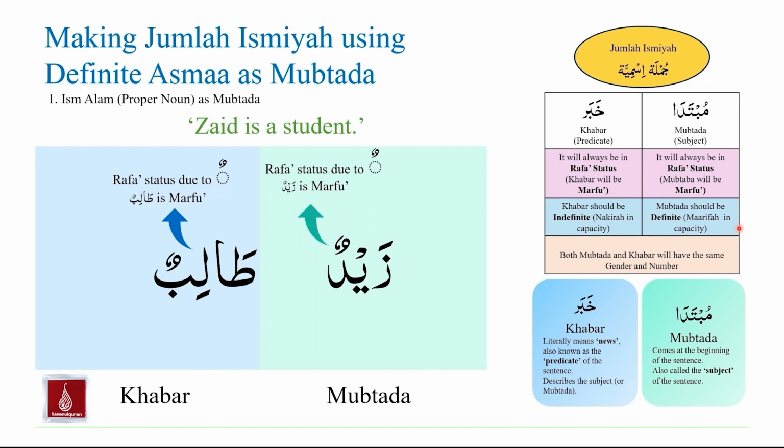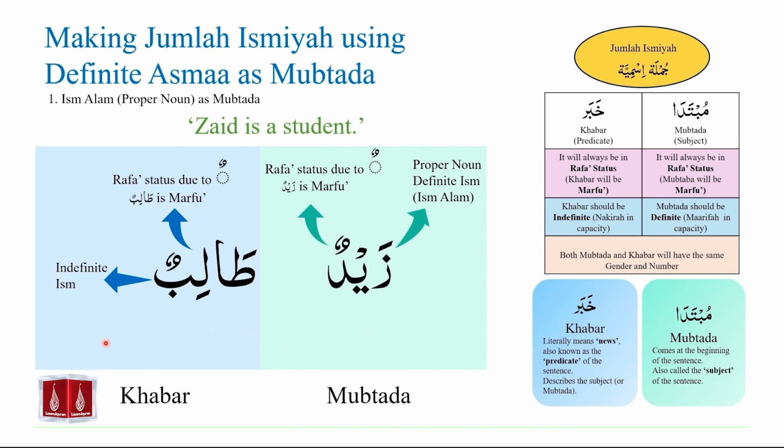The next criteria is that mubtada should be definite and khabar should be indefinite. Let us look at our mubtada, which is Zaidun. Zaidun is a proper noun. It is a definite ism. It is ism alam. So Zaidun is definite.